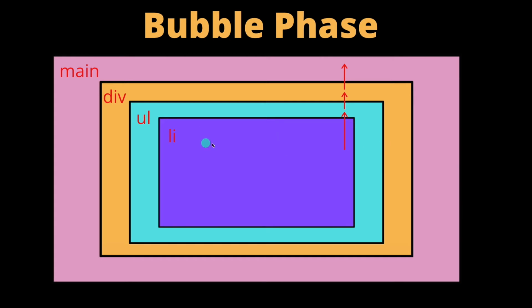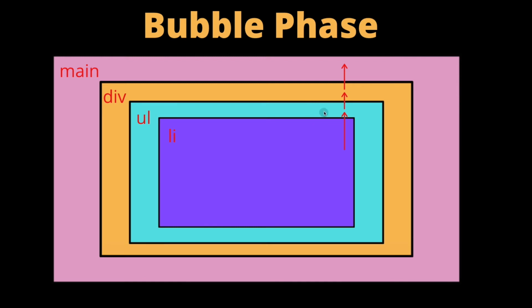When I click on this li element, it executes the onclick handler for this li target element, and after that the event travels up to its parent, the ul tag right here, and this is called a bubble. Bubble is basically just an analogy to say that the event is moving up to the ancestors of the target element.